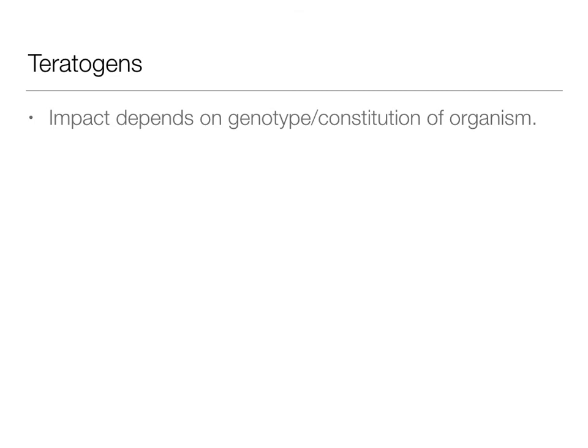In the case of my mom, she had undiagnosed hypoglycemia, which is a blood sugar disorder, and blood sugar disorders like diabetes are known to cause really big babies. So it may just be that the blood sugar of the organism, my mom and I, overrode whatever effect the tobacco could have had. So again, it depends on the individual genotype and the constitution of each individual organism.